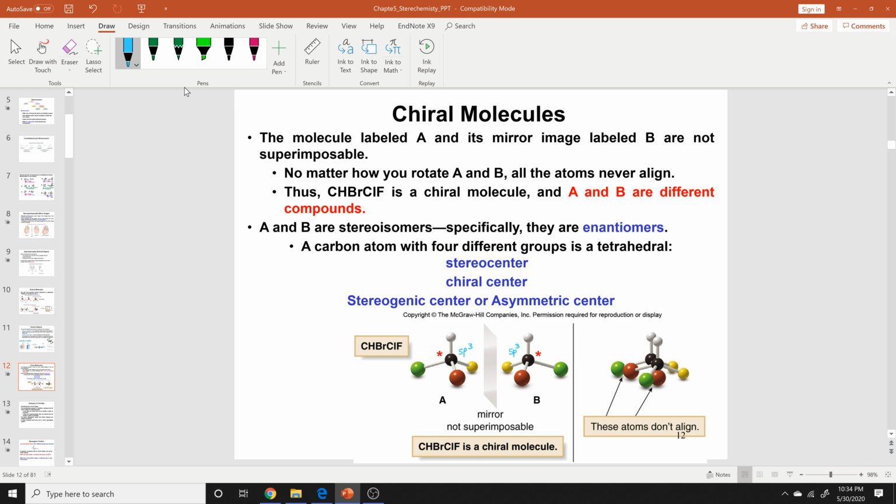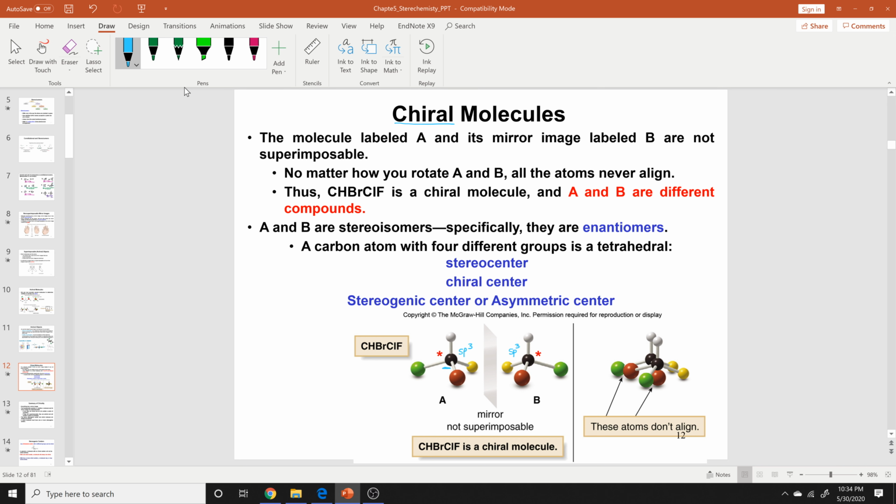Okay? Now, we're going to give a name for A and B because A and B are completely different compounds. They are mirror images of each other. So A and B are called enantiomers. This is one type of stereoisomers. So what are enantiomers? Enantiomers are mirror images of each other. Enantiomers basically are chiral molecules, because when I say chiral, I mean that they have a chiral center.